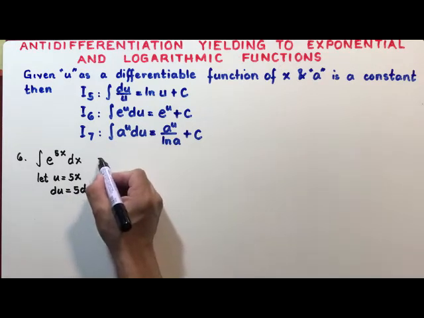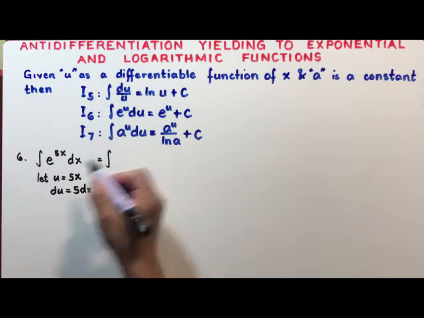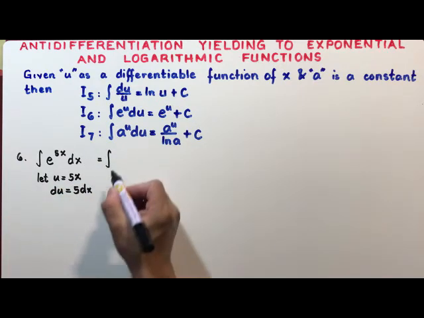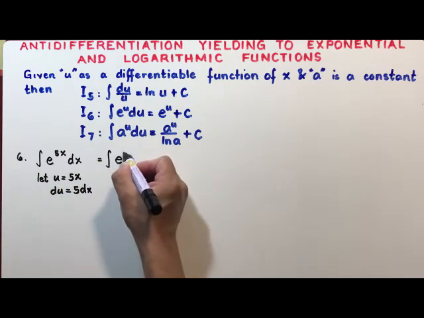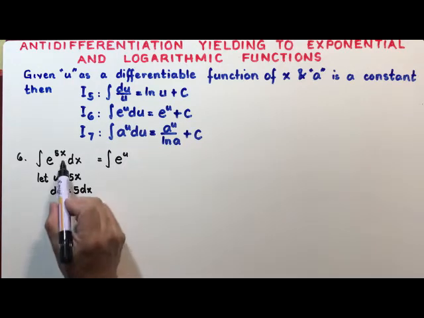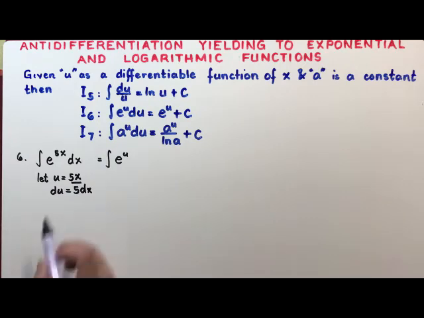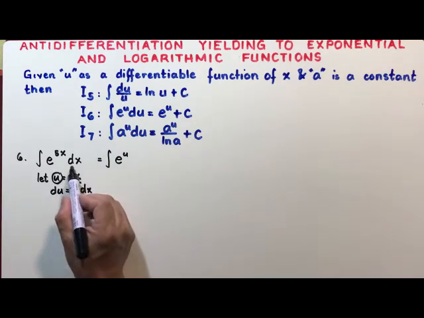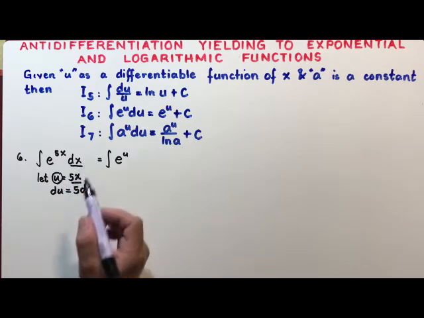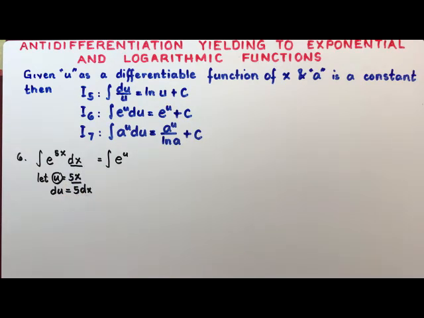Now I can rewrite this integral as e to the power u, because instead of writing 5x, I will write its equivalent expression, which is u. Also realize that I have a dx here, but I have a 5 dx in our representation.